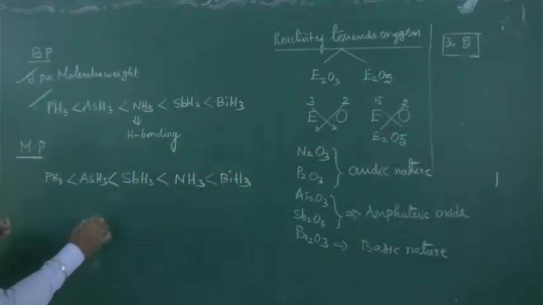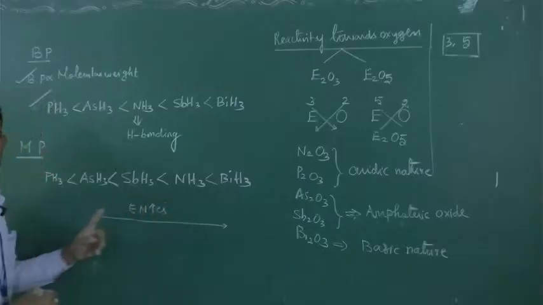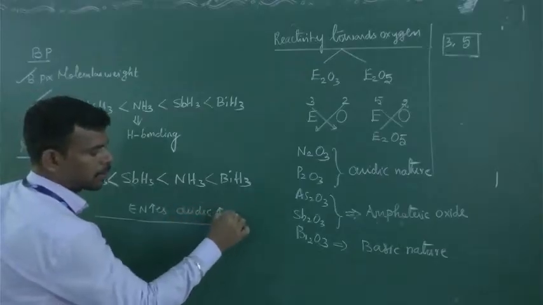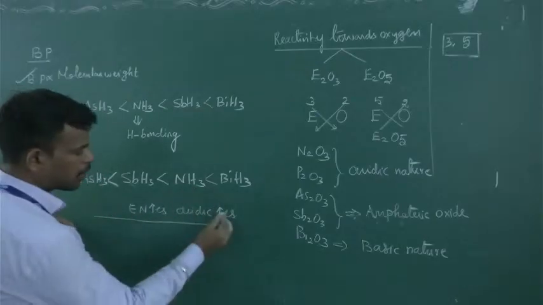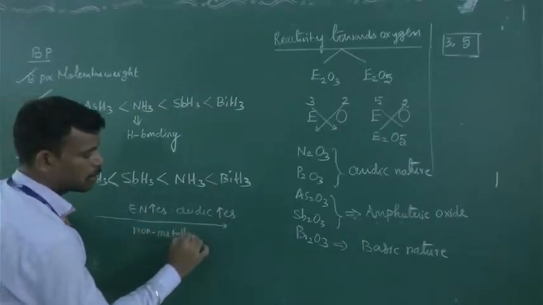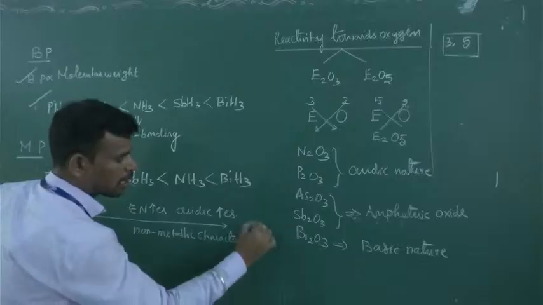If you move from left to right, electronegativity increases, non-metallic character increases, and acidic character increases.